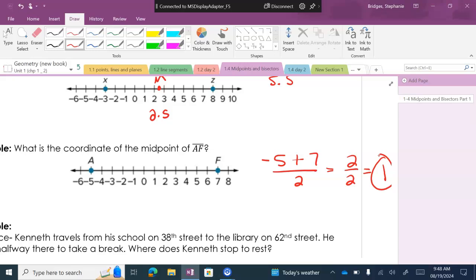Ben travels from his school on 38th Street to the library on 62nd Street. He, I don't know what the rest of it says, walks halfway there, I guess, to take a break. Where does he stop to rest? So find out what street is halfway in between his house and the school.